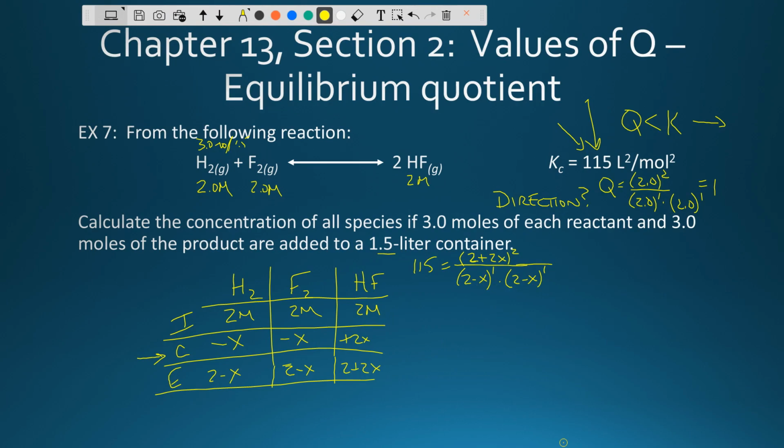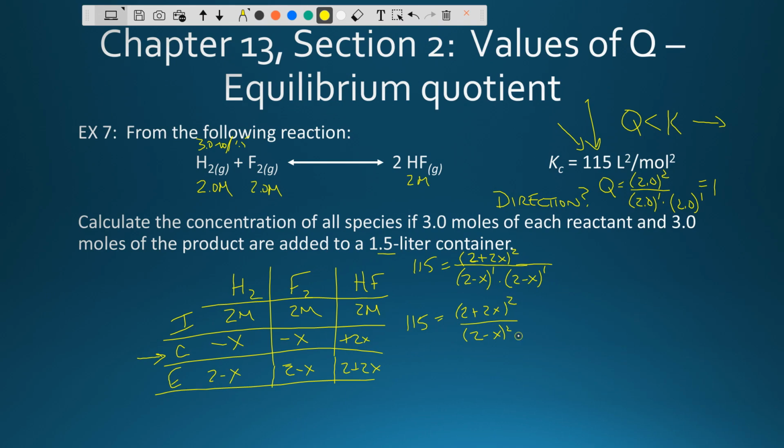I do have to distribute this, okay? But this particular problem has an added benefit to it, because if I take a look at this, 2 minus x times 2 minus x, well, that's this. 115 equals 2 plus 2x squared. Well, isn't 2 minus x times 2 minus x also 2 minus x squared?